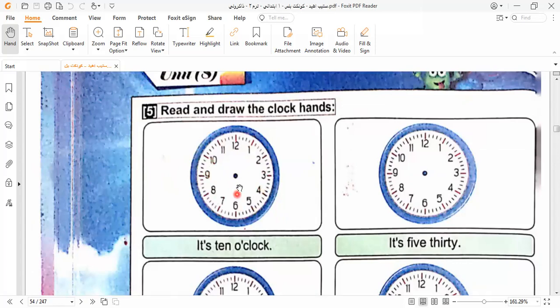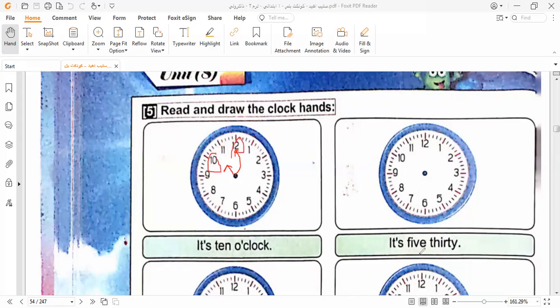So we can do it using the numbers here. We have 10 o'clock. I can do 10 o'clock by putting the short arm on 10 and the long arm on 12.